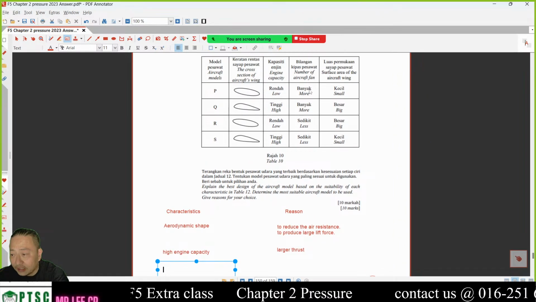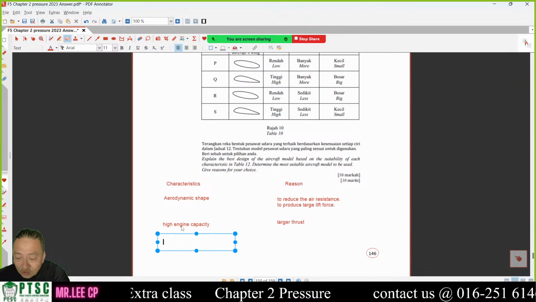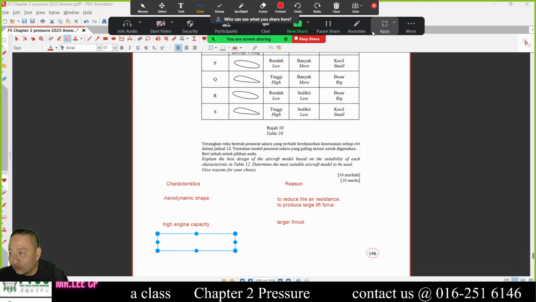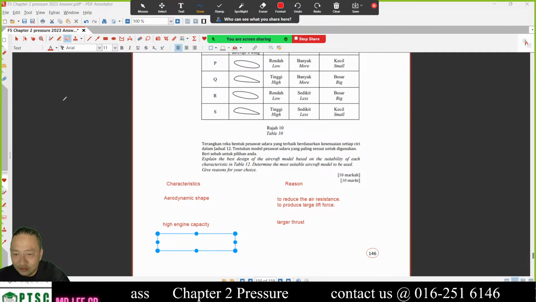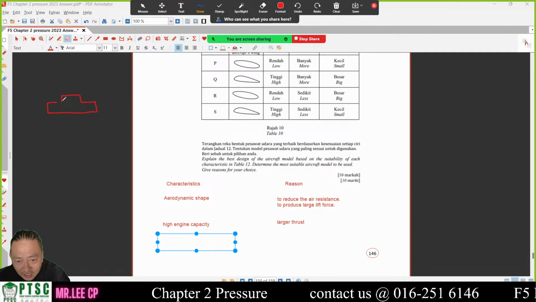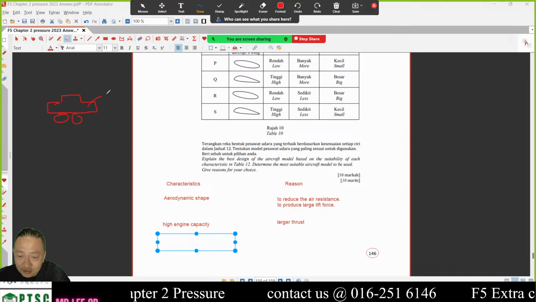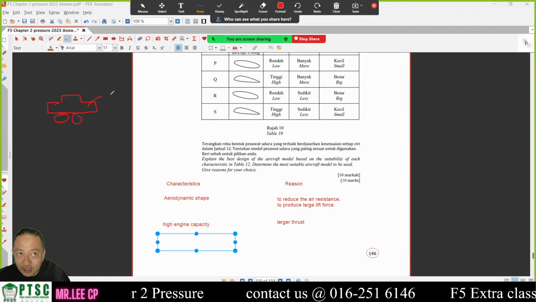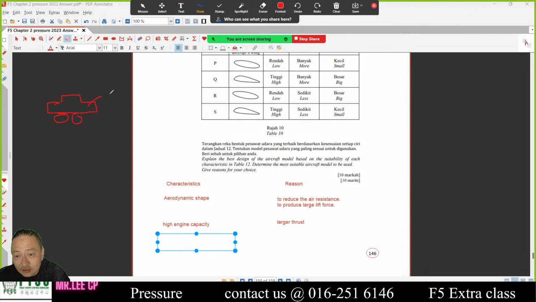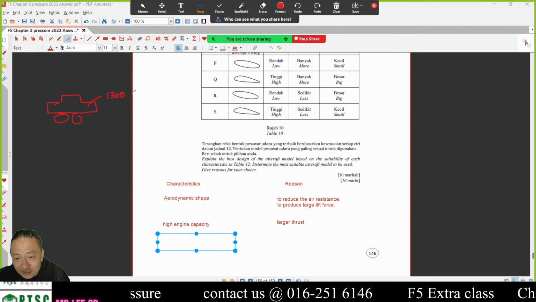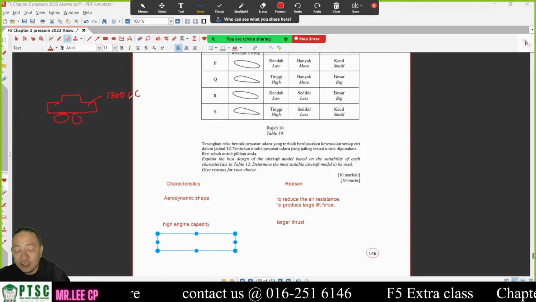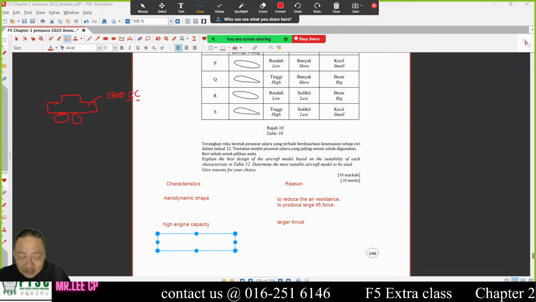Normally for engine capacity, like your car or motorbike, you say my car is 1300 cc. So what does this cc mean?